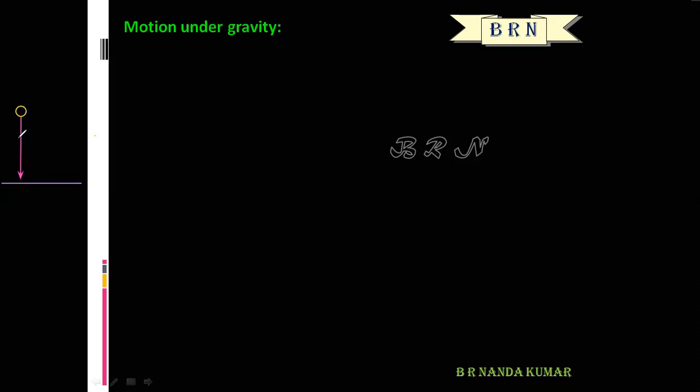So this is the example for motion in one dimension. Here the body is moving along a straight line. What is the meaning of a freely falling body? A body which falls under the action of Earth's gravitational force of attraction.